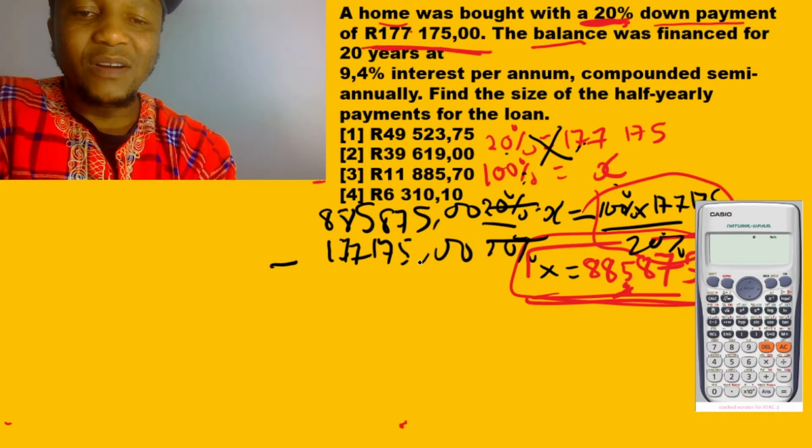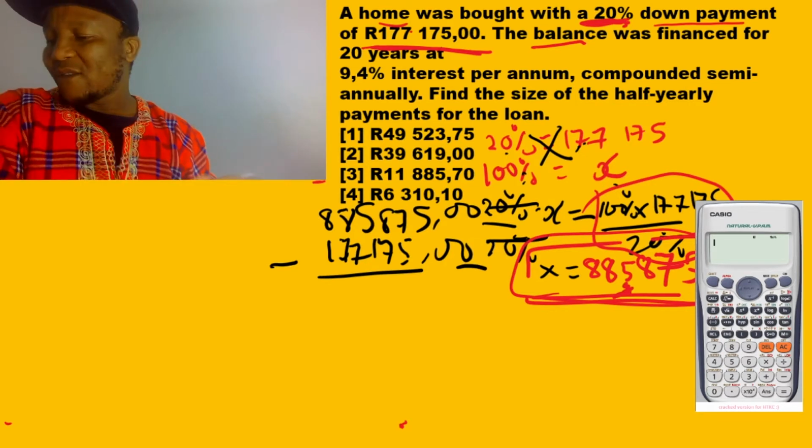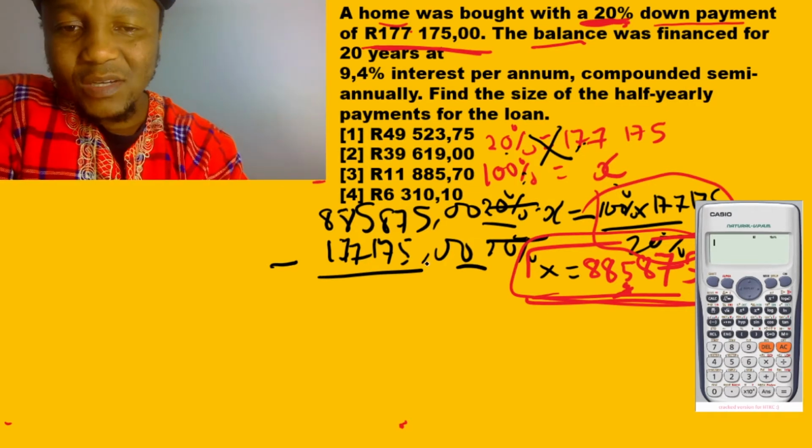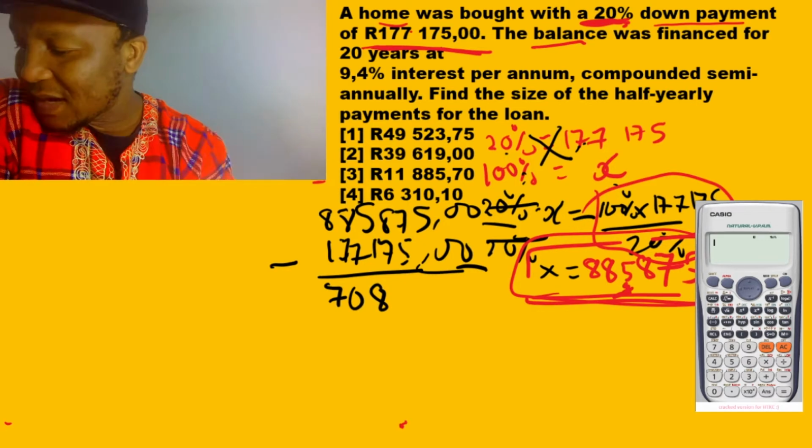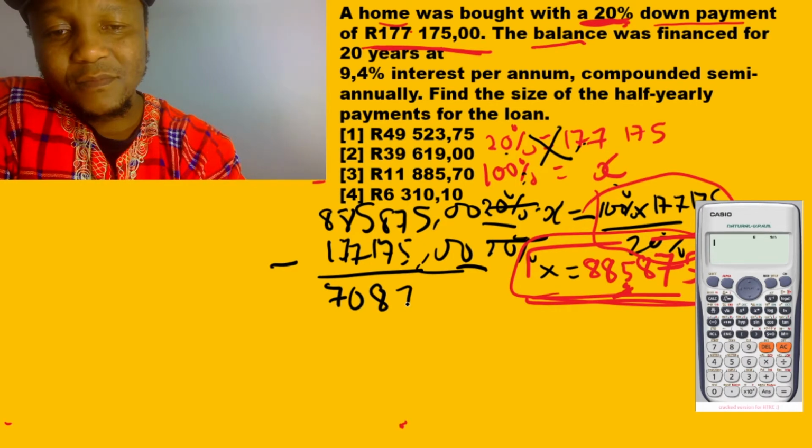Even if I don't write it, it must have the 00. When you subtract these two, it is going to give you 708,700, which you still have to pay.